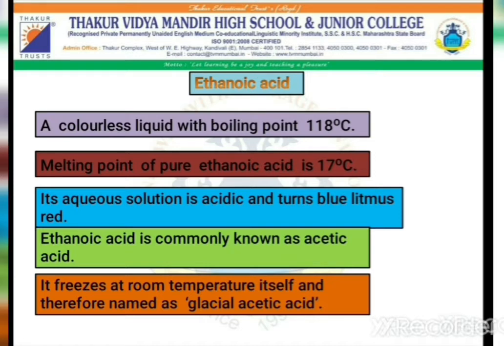These are the properties of ethanoic acid. This glacial acetic acid, in cold countries, freezes at room temperature and looks like ice. So it is called glacial acetic acid. These are the physical properties.